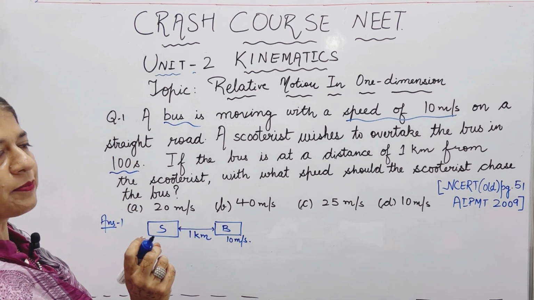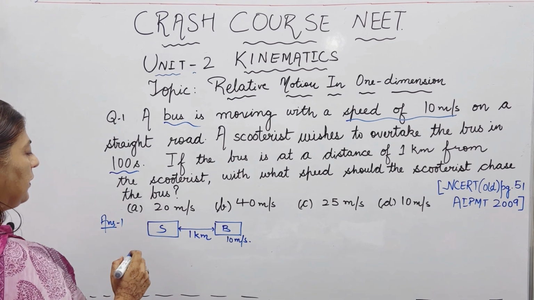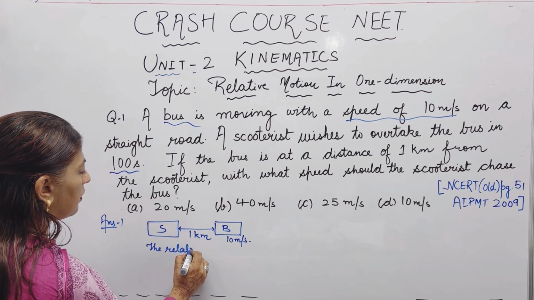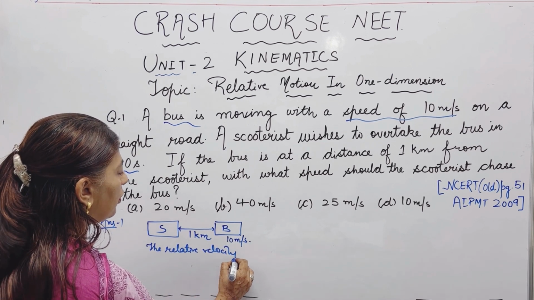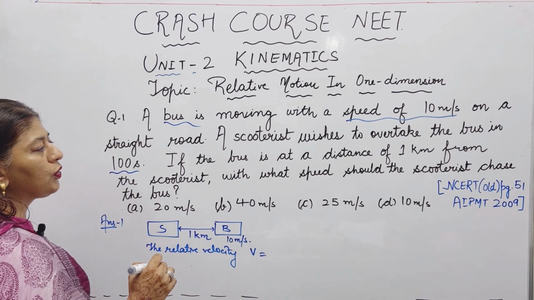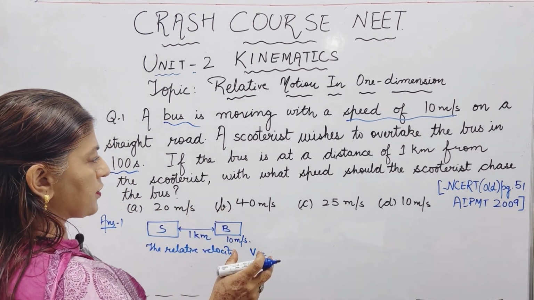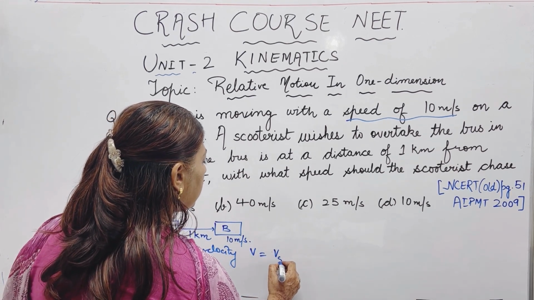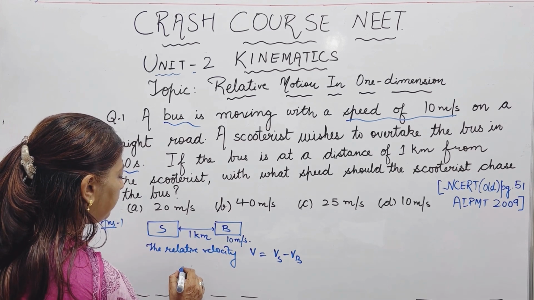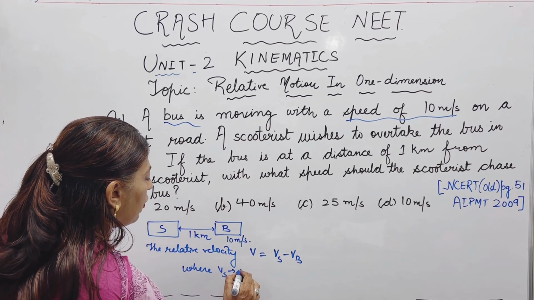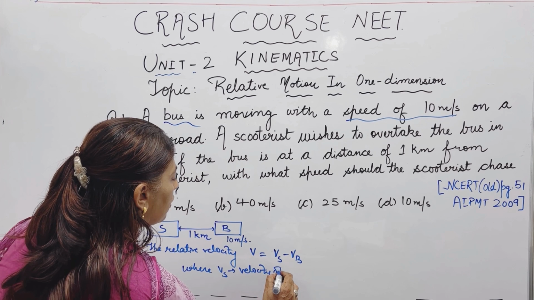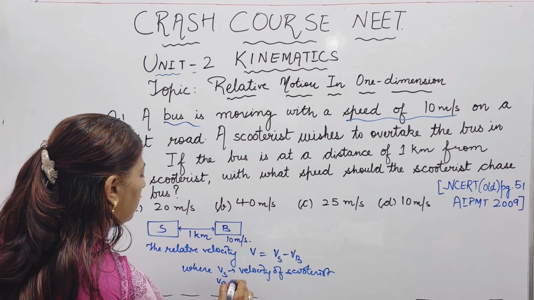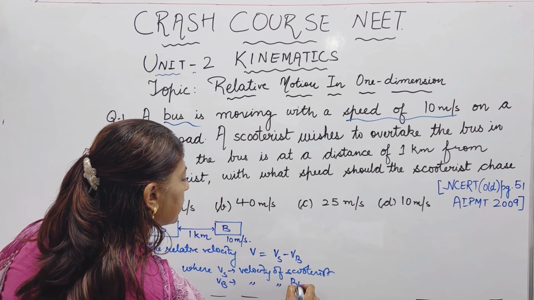Now when we look at the basic concepts, there we have learned the relative velocity, let it be v. This is equal to the difference of the two velocities when they are moving in the same direction. So this is Vs minus Vb, where Vs is the velocity of the scooterist and Vb is the velocity of the bus.